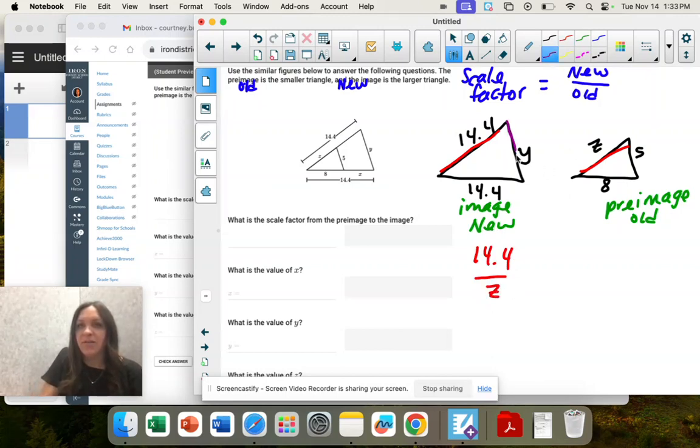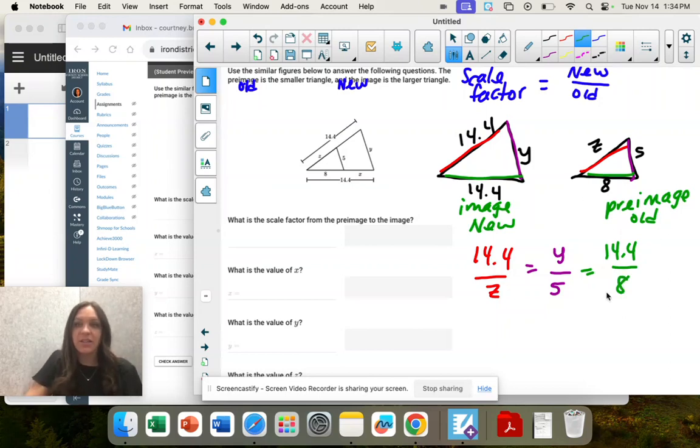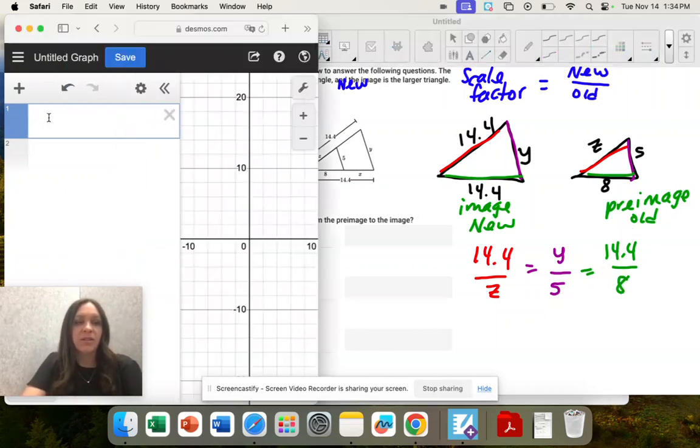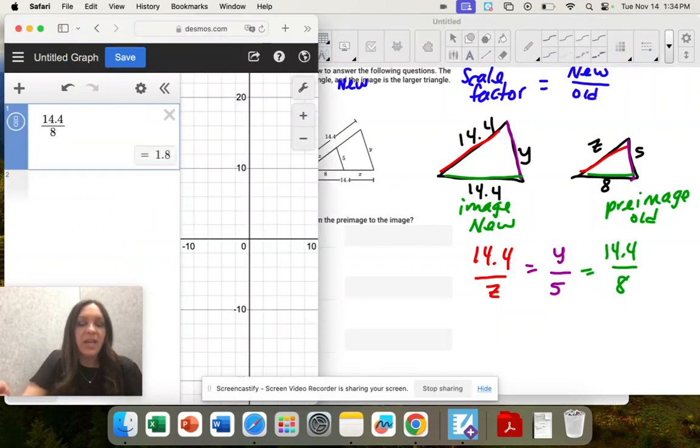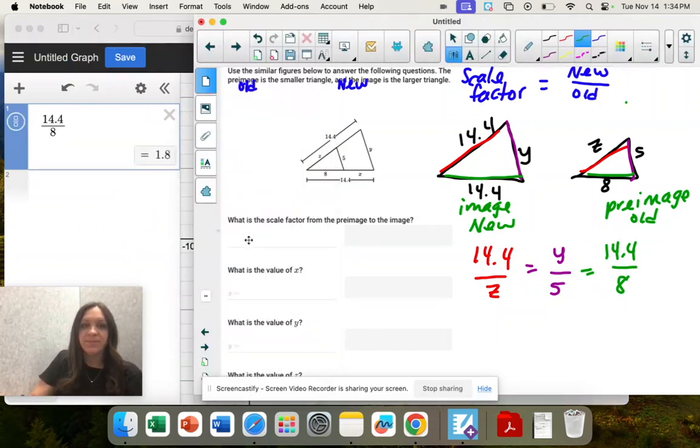And then I have new over old. So y over 5. Then my last side, 14.4 over 8. And that's the one that's going to tell us our scale factor. That's the one without variables. So 14.4 divided by 8 is 1.8. So our scale factor is 1.8, and we're going to use that to solve for our variables.